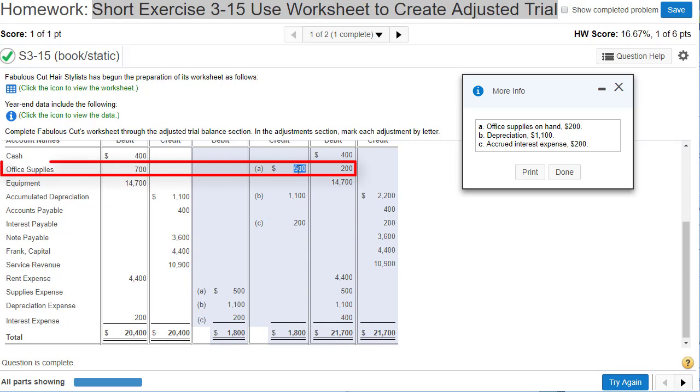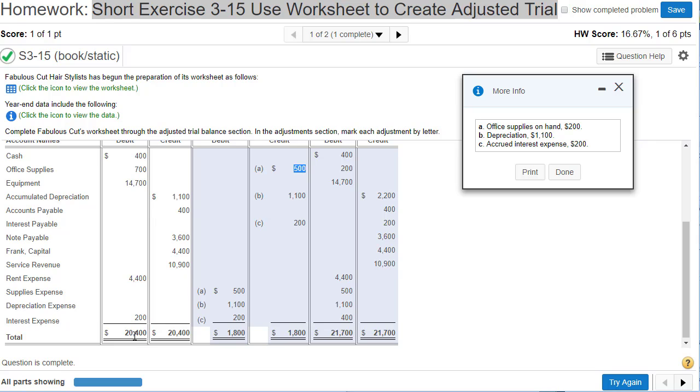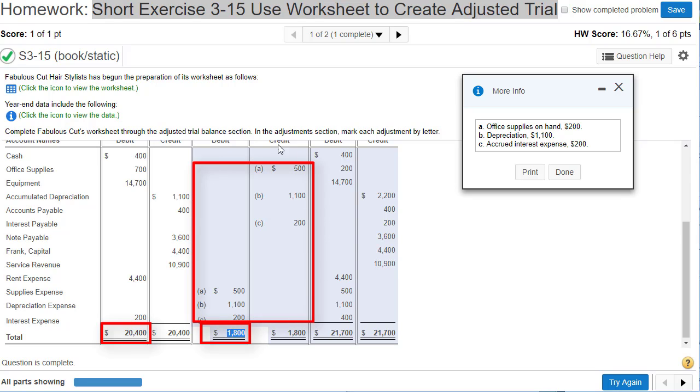For example, let's look up here. This $500, is it increasing this account? No. This $500 represented how much office supplies we used up. So this $500 is representing a decrease. So that is why you can't take the $20,400 and add $1,800, because not all of these are additions.